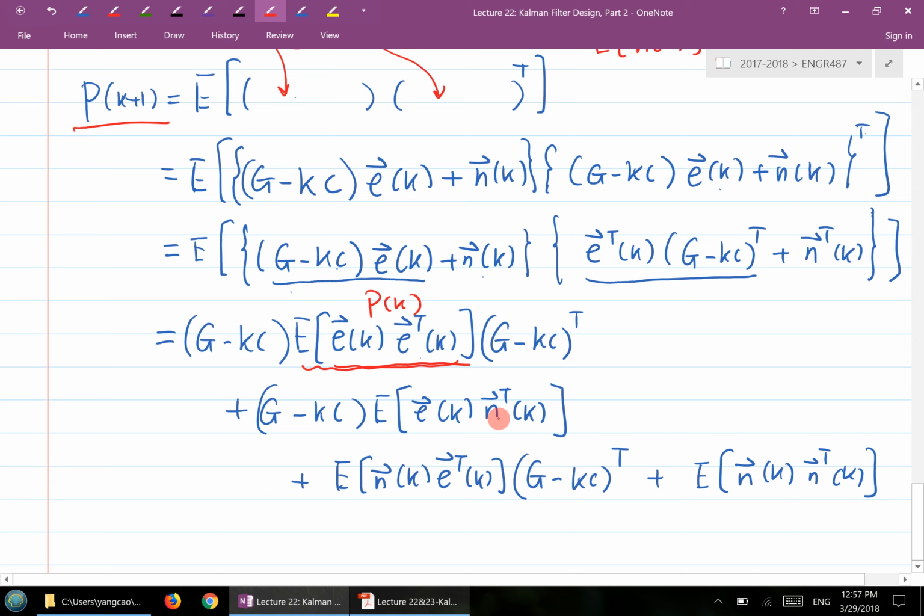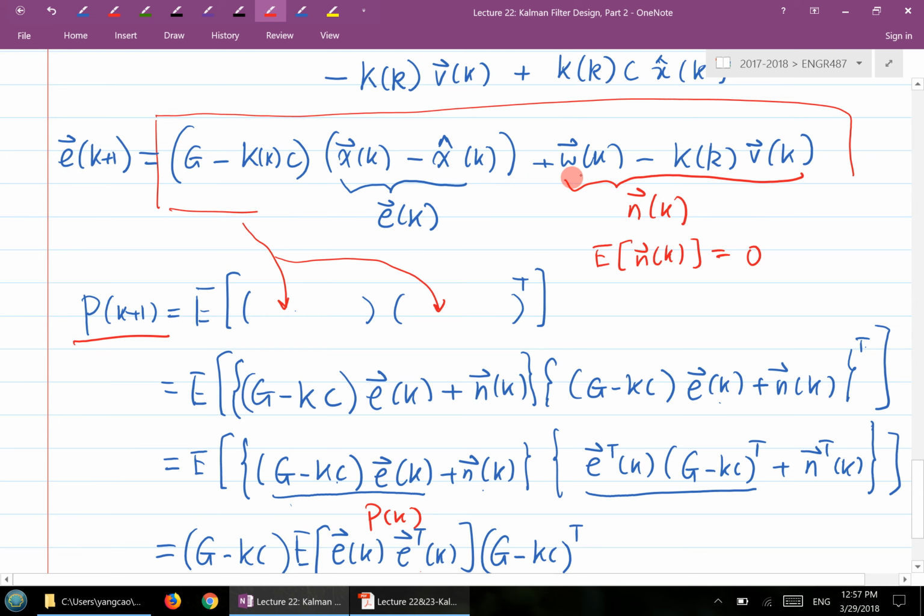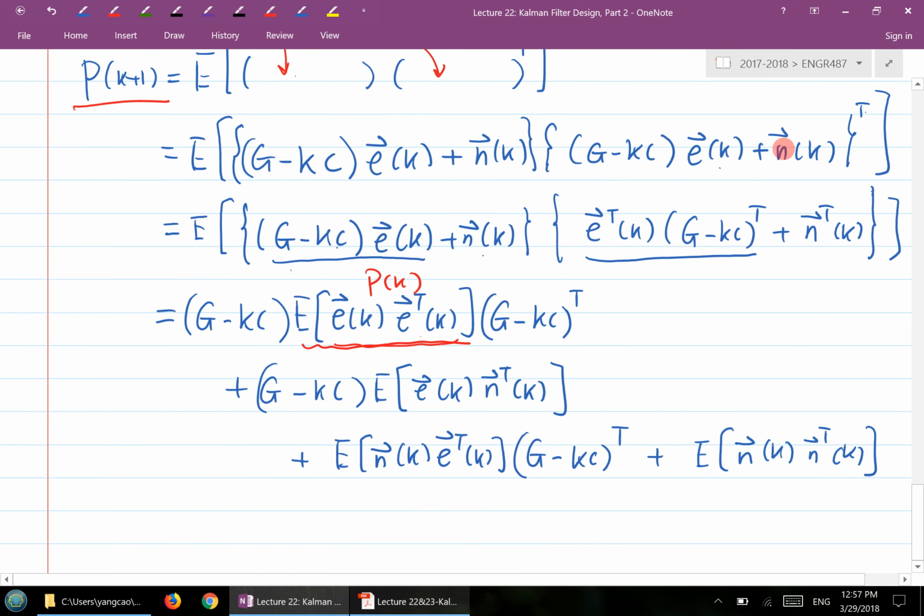Well, what's E? E is the error, and N here is defined as the white noise. And you can prove that these two are actually statistically independent. So that means these two expected values should be 0.